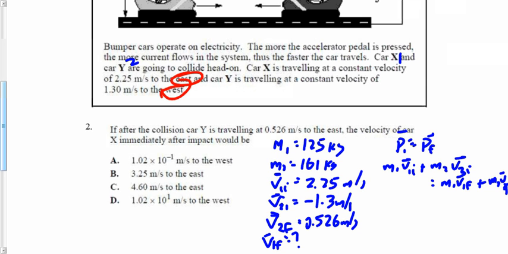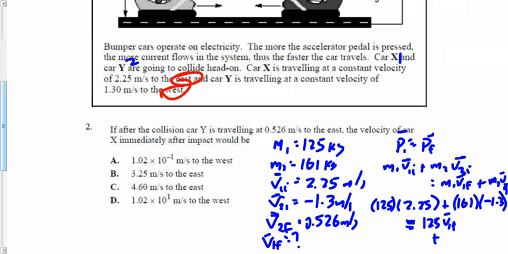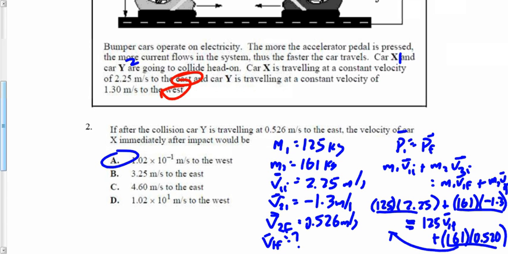M1, 125 times 2.25 plus 161 times negative 1.3 equals 125V plus 161 times 0.526. So take this over by subtracting, and divide by 125, and we end up getting A, 0.102. I didn't go through the keystrokes there.